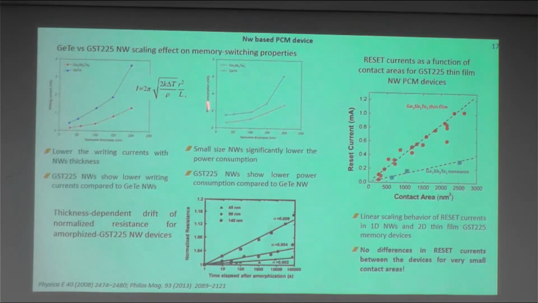Also, power consumption can be reduced with the size of the phase change material. This graph shows the power consumption, and this is nanowire thickness, again GeTe, GST, and the small size nanowires show significantly lower power consumption. And the GST225 shows low power consumption compared to the germanium telluride nanowires.